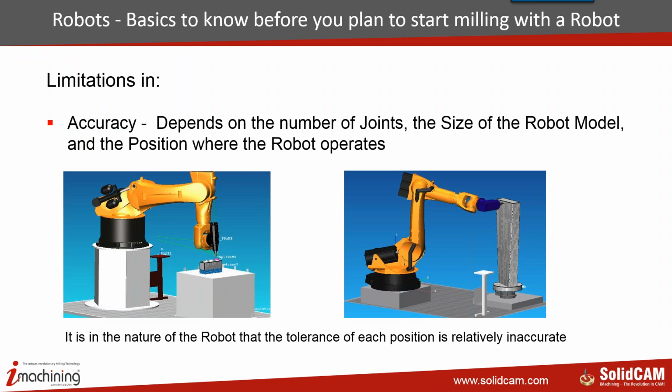On the right-hand side, the robot has to go farther away from its base, and you can imagine it's thinner. If you cut the same part with the same cutting conditions, we expect that the robot on the right has more accuracy problems. It's in the nature of the robot that tolerance in each position is relatively inaccurate.